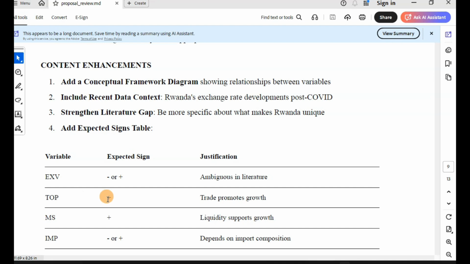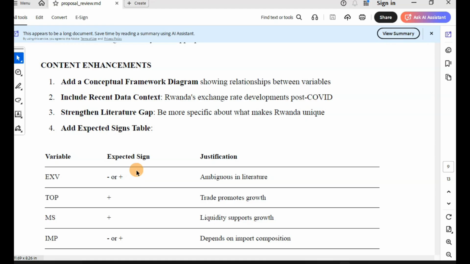When we are appreciating, it can affect the GDP negatively. When we are depreciating, it affects the GDP positively.